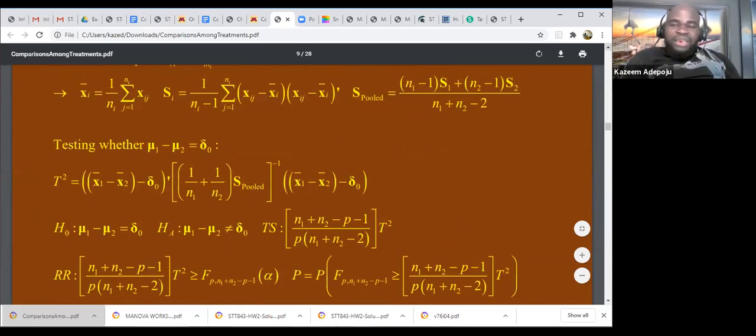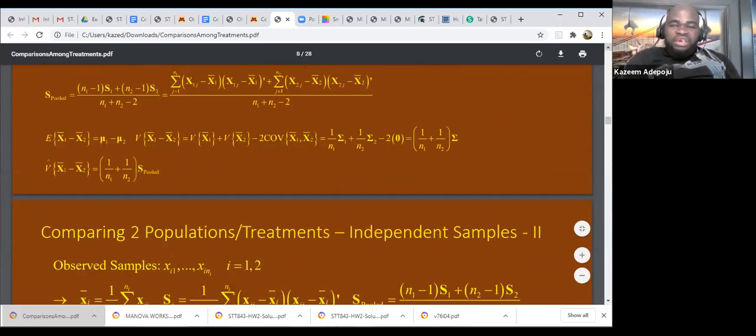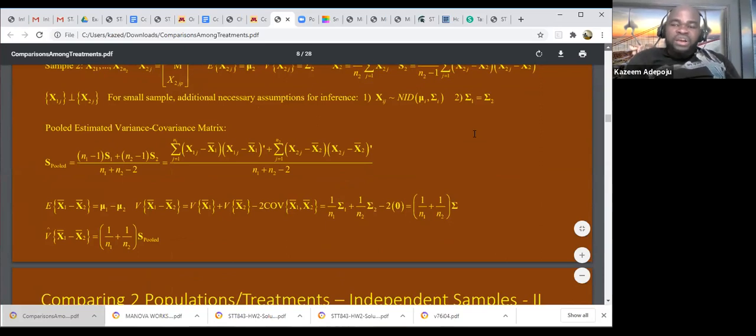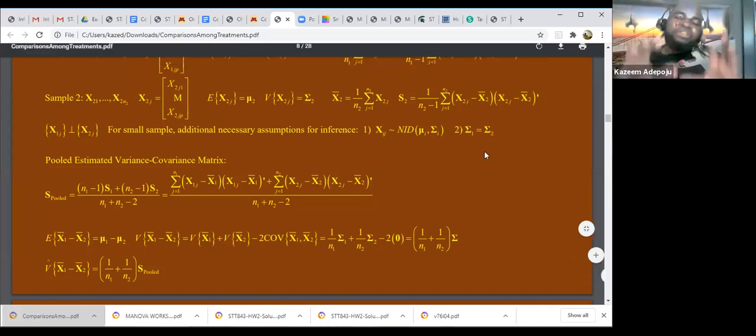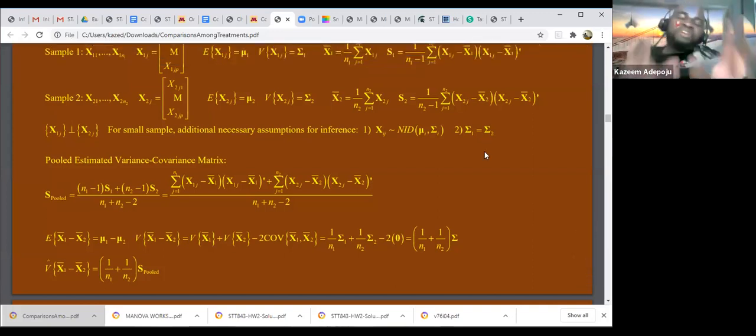It is because we have an assumption. Our assumption is that the two population variance-covariances are the same, because we have that assumption when you are comparing two groups in a multivariate setting.